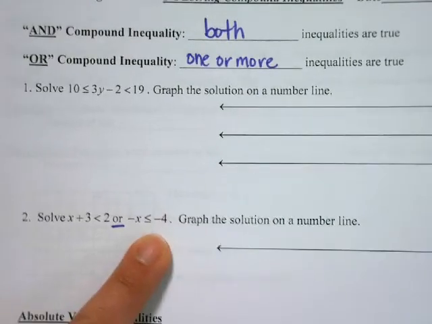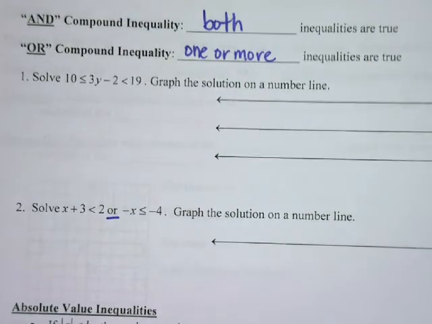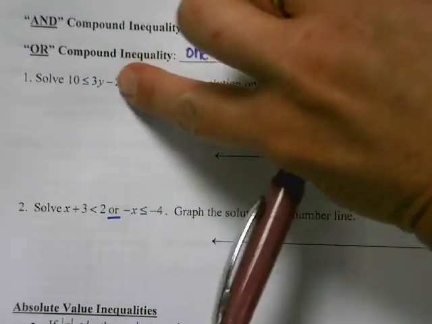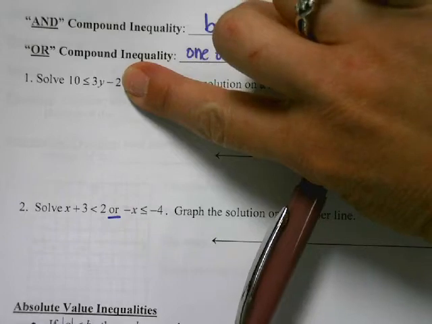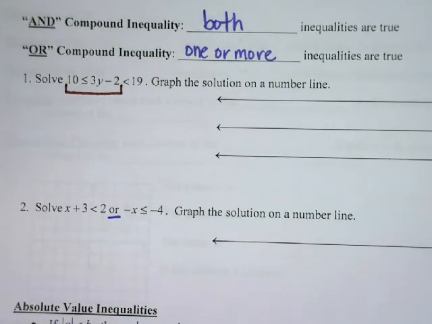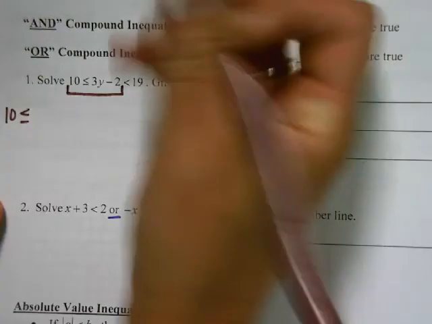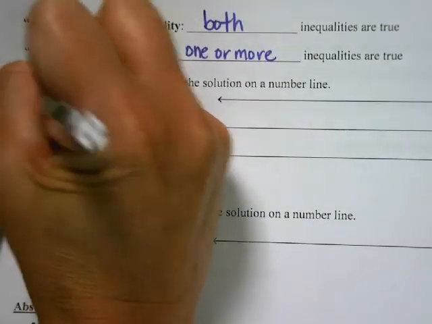Okay, so let's think about how to solve this guy. Let's go ahead and separate this guy apart. So we have one inequality here, and I'm going to take it to the first inequality symbol. So 10 is less than or equal to 3y minus 2.